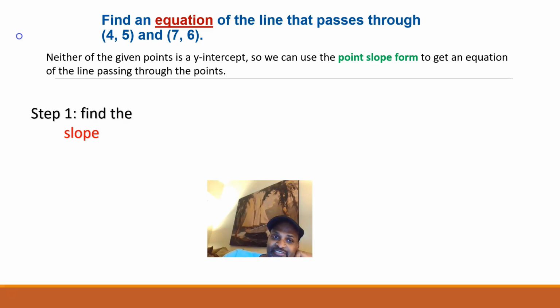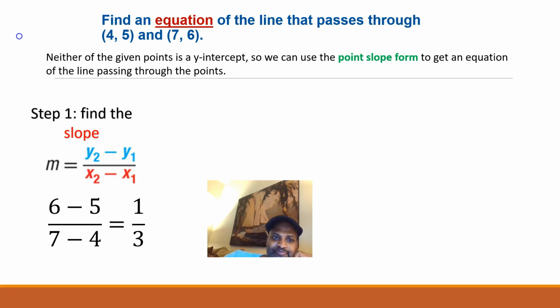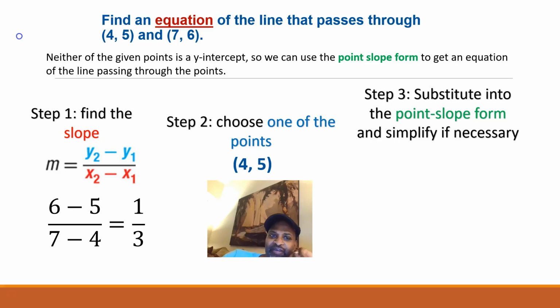First, find the slope as usual. After we found the slope, we need to choose one of the points. I'm going to use (4, 5) because it's smaller, I guess. Once we have the point and the slope, we substitute into the point-slope form, and then we need to simplify after that.